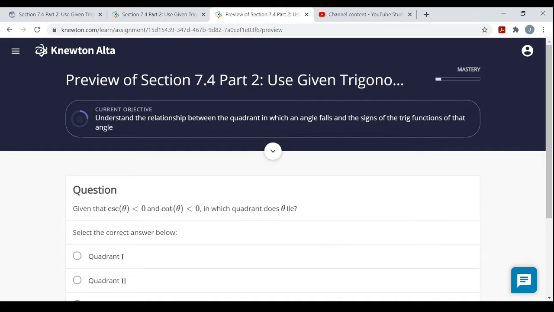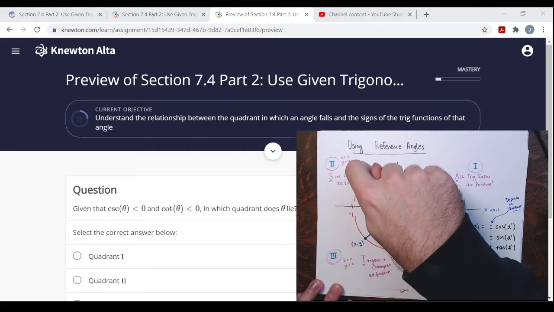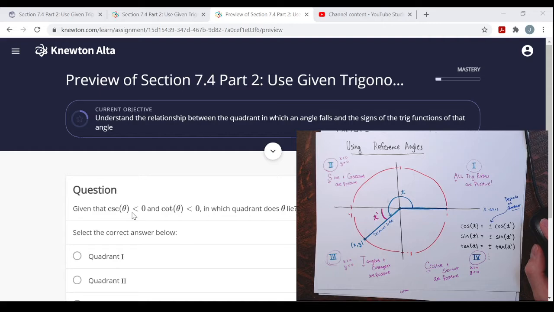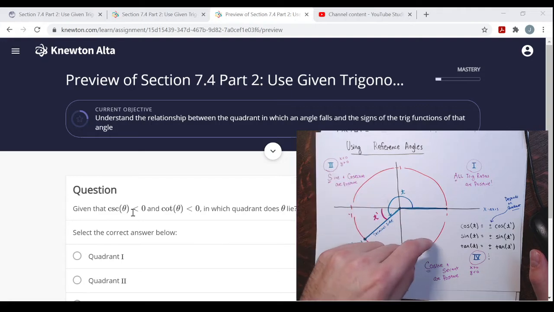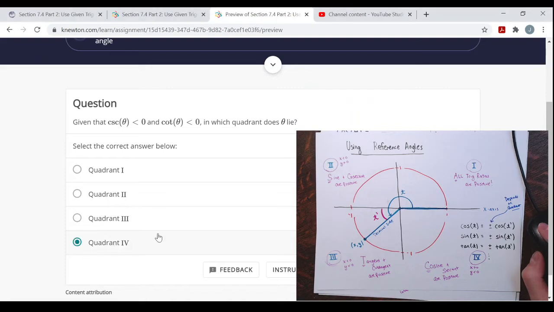So looking back at my picture, we're in quadrant 2 or 4 because cotangent's negative. But from the first part, sine would also be negative. So it can't be quadrant 2. In quadrant 2 sine is positive, so it's got to be quadrant 4. In quadrant 4, sine will be negative, so cosecant will be negative, and the cotangent will also be negative. So the only quadrant that makes any sense for this angle theta is quadrant 4.